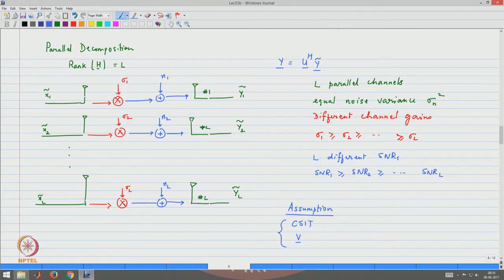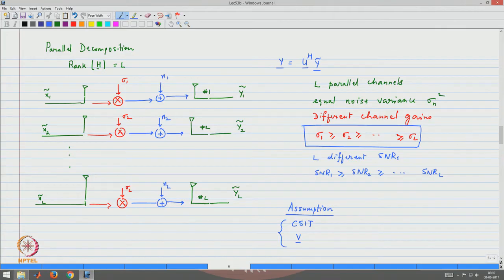If we have assumed that each of these singular values has been arranged in descending order, then we can also see that these correspond to channels with different SNRs, where sigma 1 is the largest singular value. Basically we find that each of them is an ordering of channels in decreasing SNR.